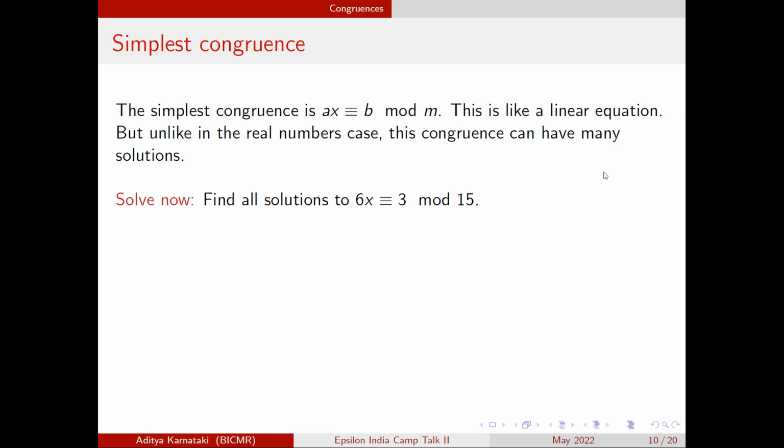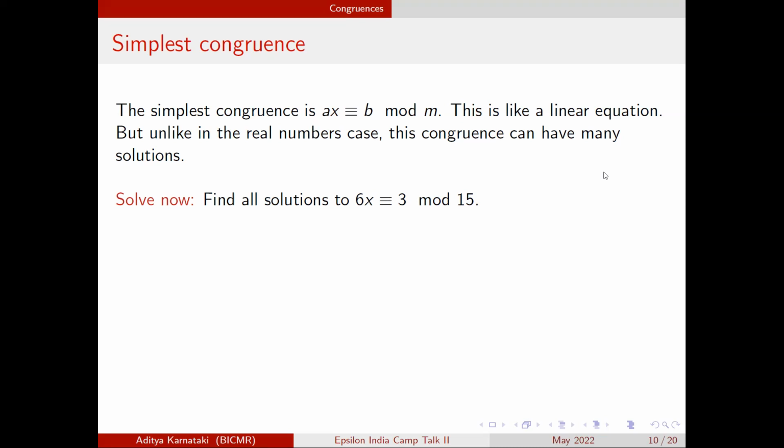And so why don't we take a couple of minutes to find all solutions to 6x congruent to 3 modulo 15. Siddharth has raised his hand. So go on. Actually, there does exist a very simple way to solve it, but it's an infinite family of solutions. I'll tell the smallest one soon after I solve it.